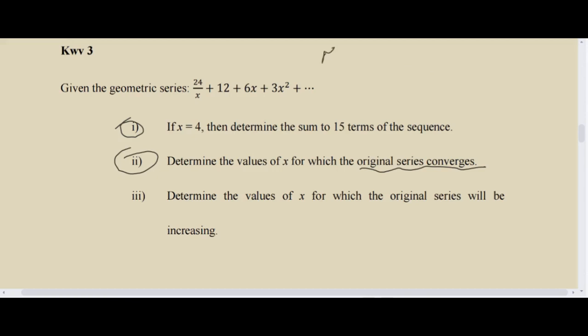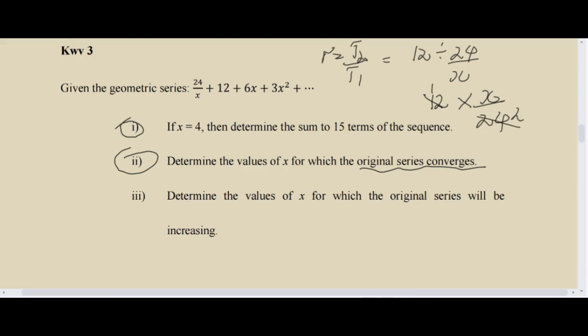Then r is equal to t2 divided by t1. That means our r would be 12 divided by 24 over x. So this would be 12 multiplied by x over 24. If we do tips and times, how many times does 12 go into 12? Once. How many times does it go into 24? Twice.